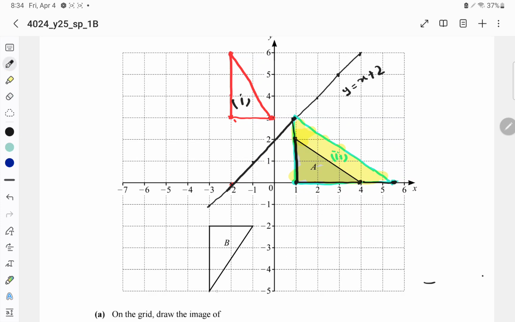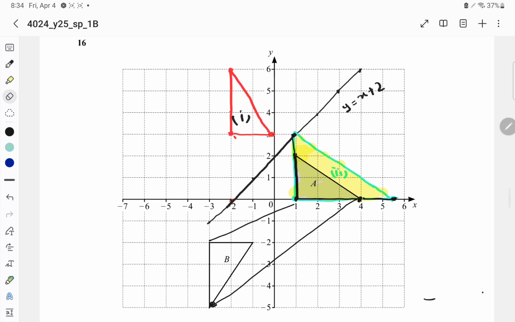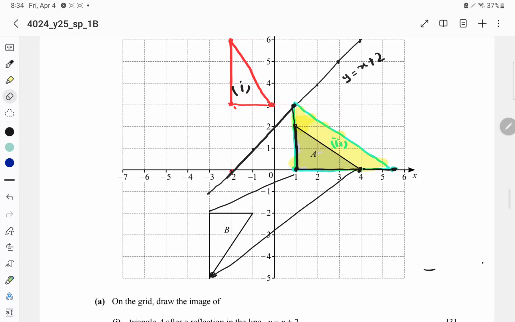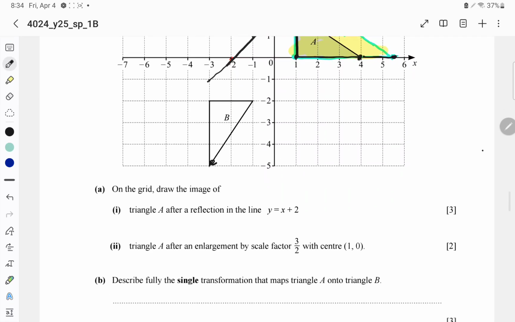These 2 points are the corresponding points, and this point, so they are not parallel lines. It means it's not reflection, and obviously the diagram is not at the same position, so it's not translation. Whenever we do not have parallel lines, it means it's a rotation.